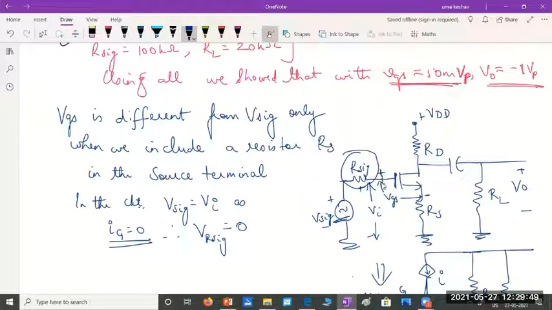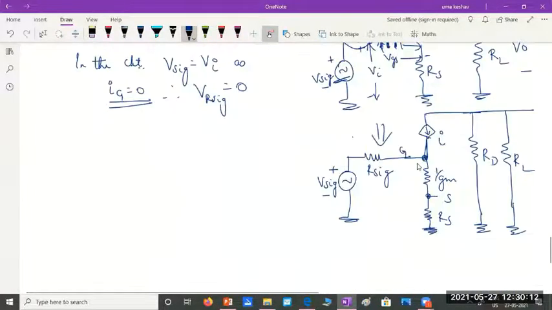It can have a coupling capacitance on both sides here, as you can see. So this would be the equivalent circuit given. All the values are given. Now, when I replace the MOSFET with its small signal T model, this would be the equivalent.